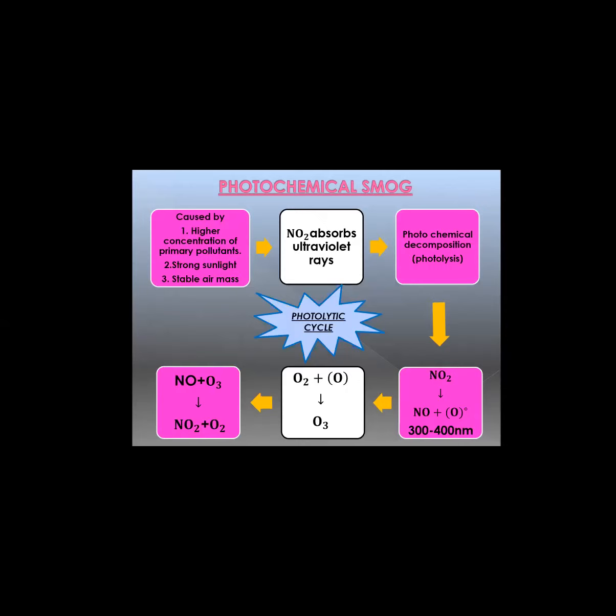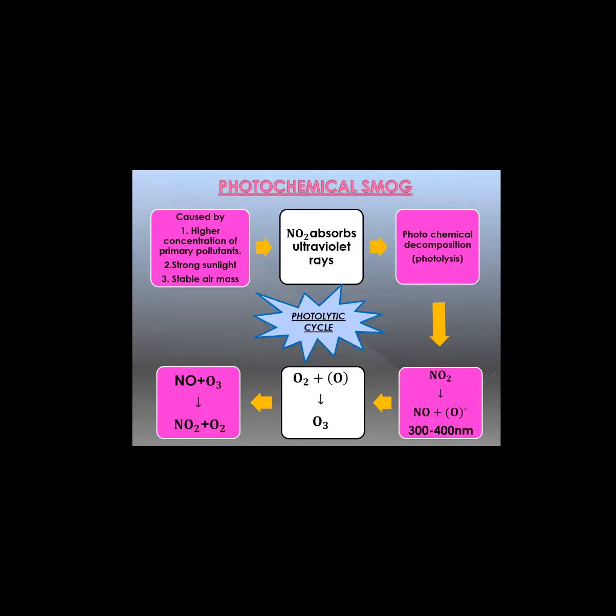Now, because the word is photochemical, it means it is a reaction which is taking place in presence of sunlight, in presence of oxygen, and therefore we call it photochemical smog. A chemical reaction taking place in presence of light, so breakdown of certain molecules, and therefore we call this a photolytic cycle.